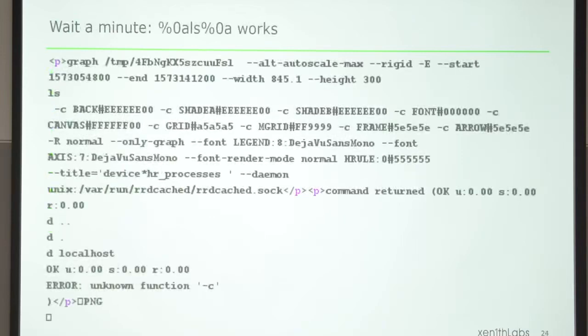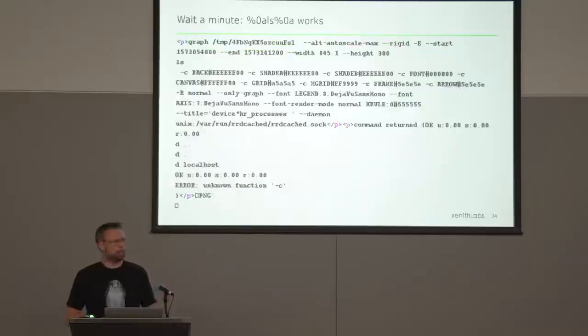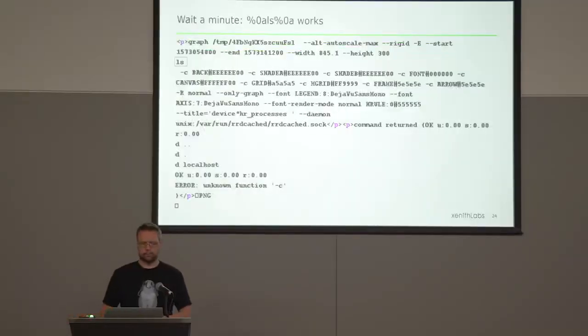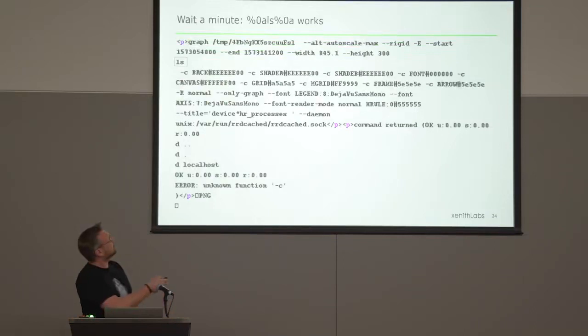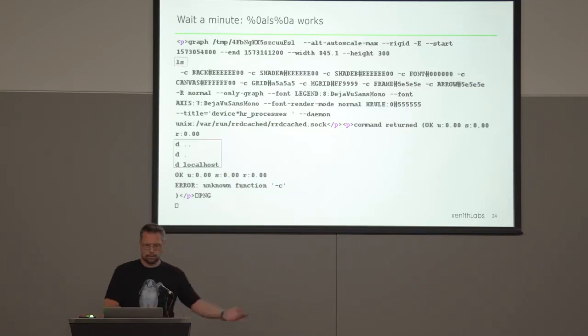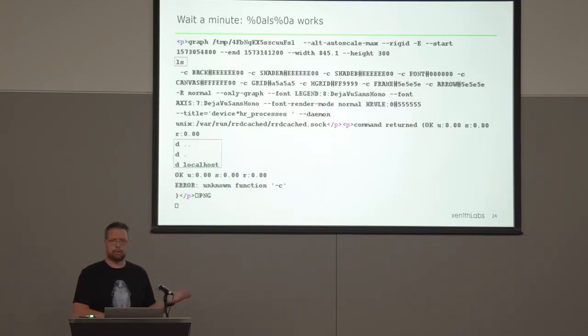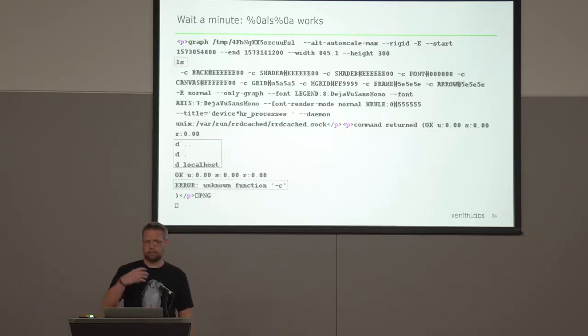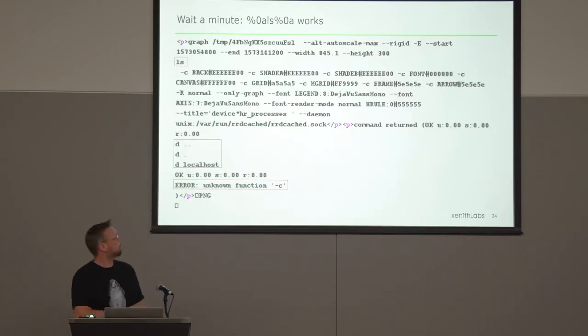And then I noticed this thing here, where if we do new line, ls, new line, it seems to have worked. We see ls gets injected. There's a new line being injected here, and another new line there. We see what appears to be directories being listed, and we see an error from the excess data, right?